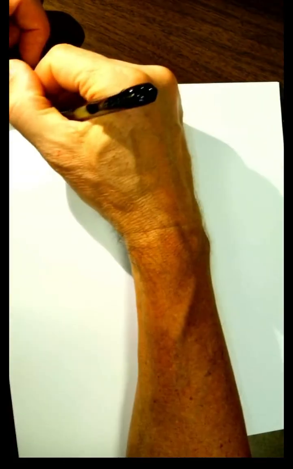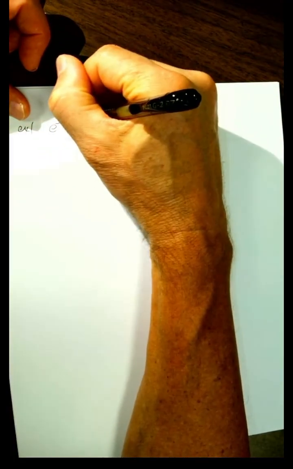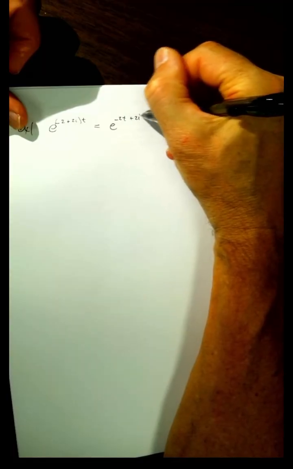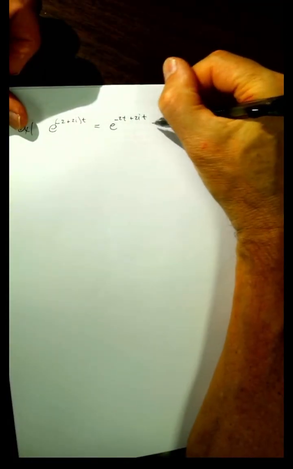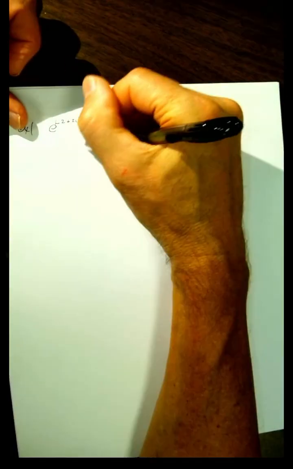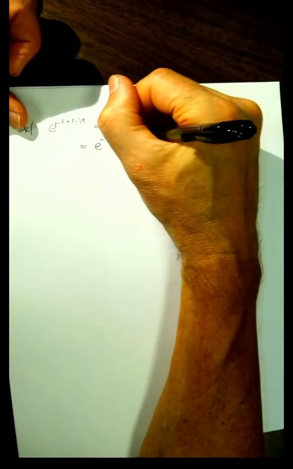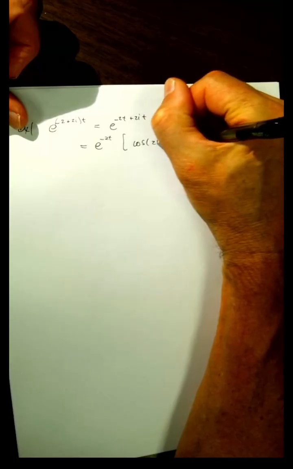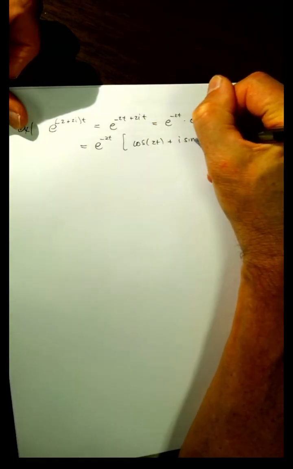So for example, suppose I have this function. I can multiply the t through and break that up into 2 exponentials. The real part I just leave alone. e to the 2it becomes cosine of 2t plus i sine of 2t.